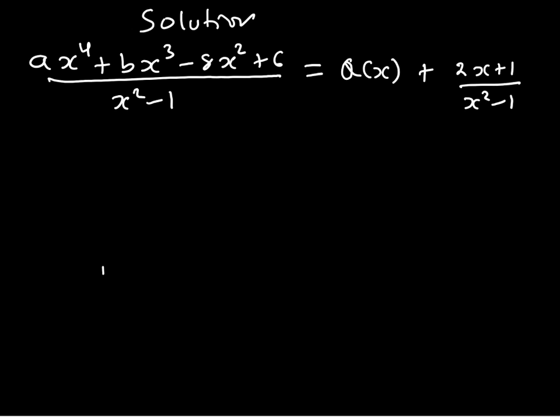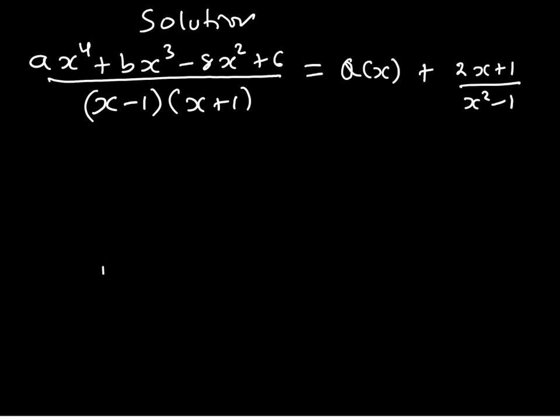But remember that x squared minus 1 is a quadratic function which we can factorize. Because I want to economize my blackboard, let me erase this and write it as x minus 1 into x plus 1.